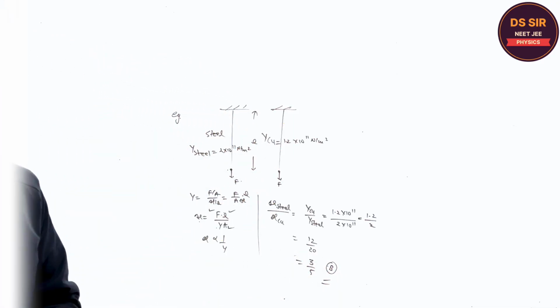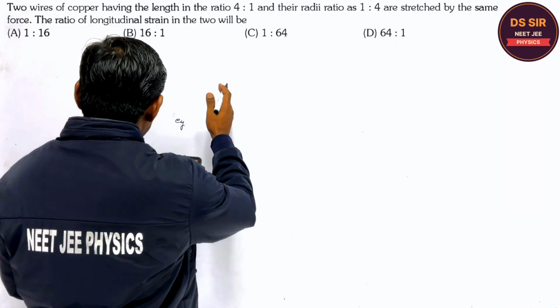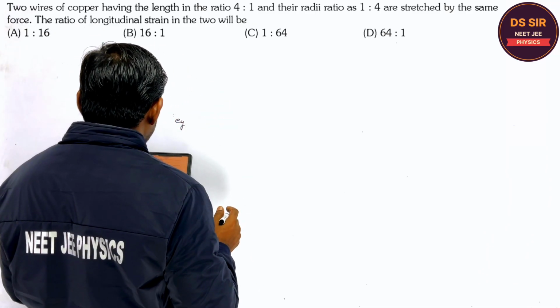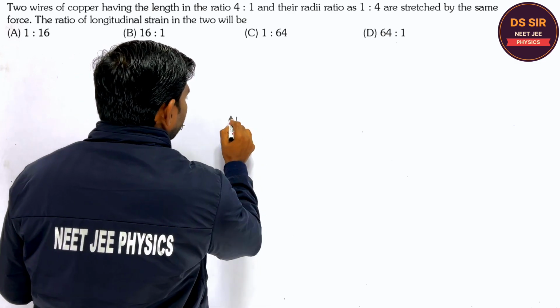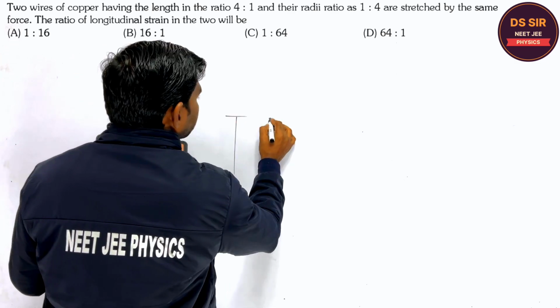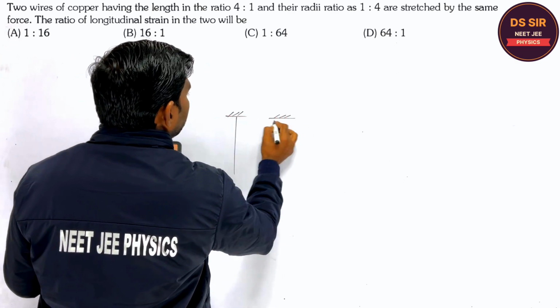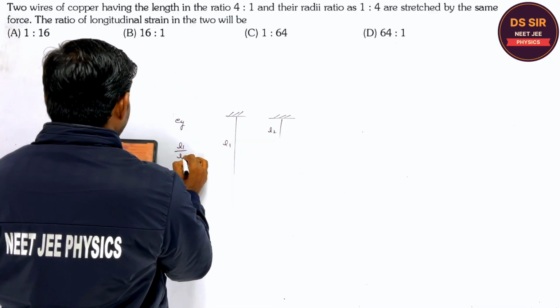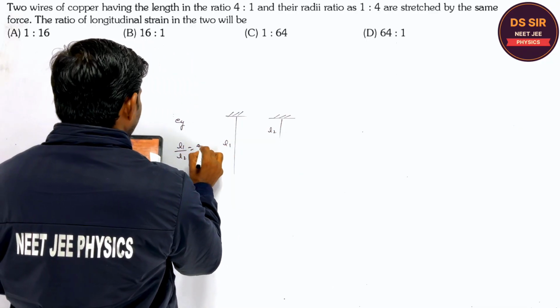Copy this. Okay, so read this question. In this question, two wires of copper having the length in the ratio 4:1. This is the one wire. The length is L1 and L2. The length ratio is 4:1.